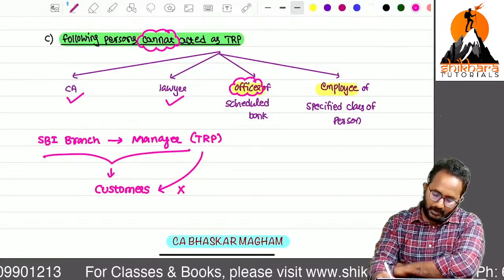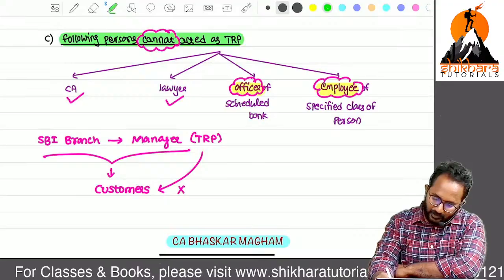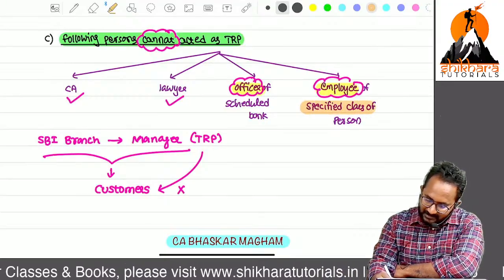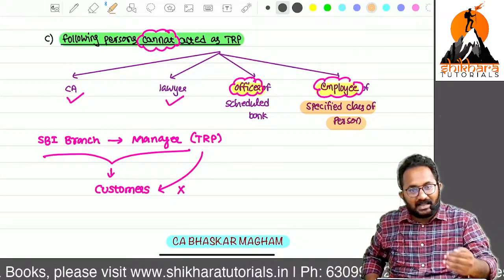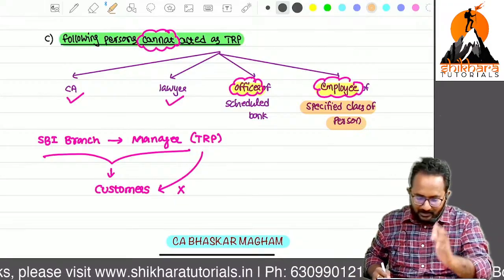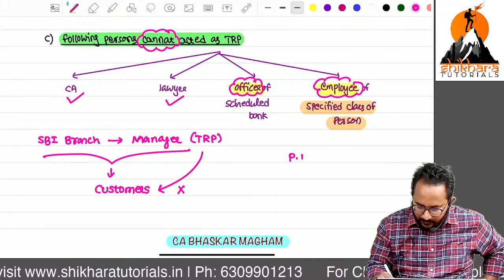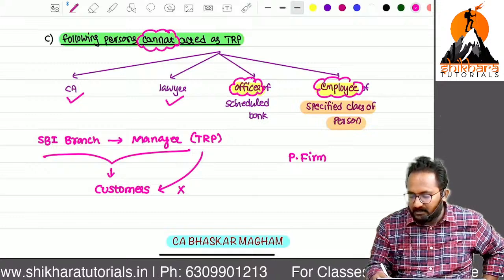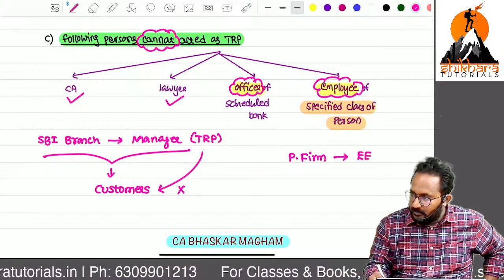Next, employee of a specified class of person. Do you know anything about the specified classes of person? Other than company, other than tax audit assessee. Now, a partnership firm is there, ma. In that partnership firm, one employee is there.